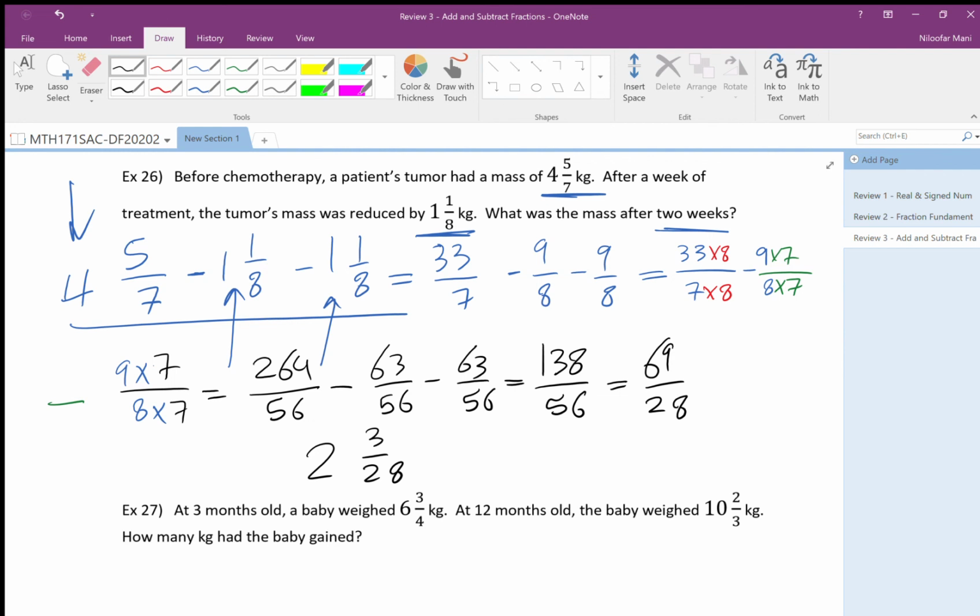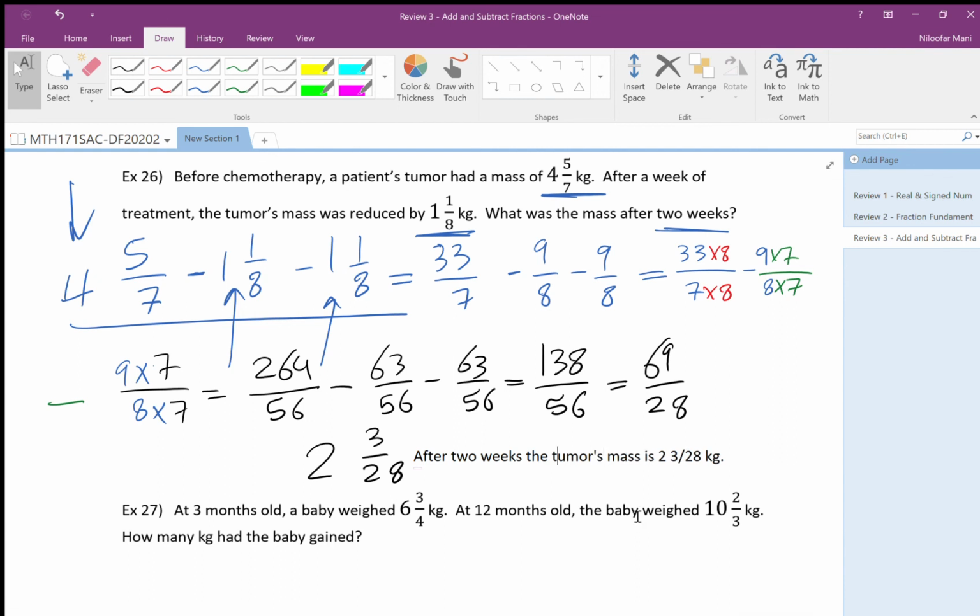And then at the end, you have to say, after 2 weeks, the tumor mass is 3 over 28 kilogram. So then we know what's going on here.